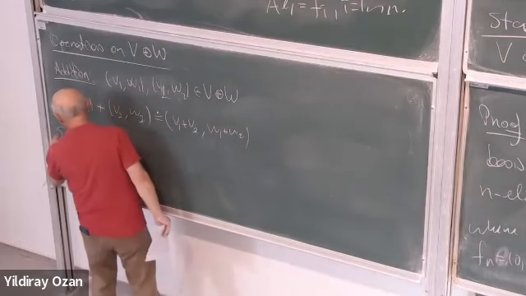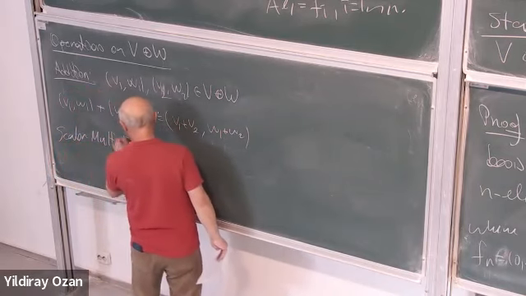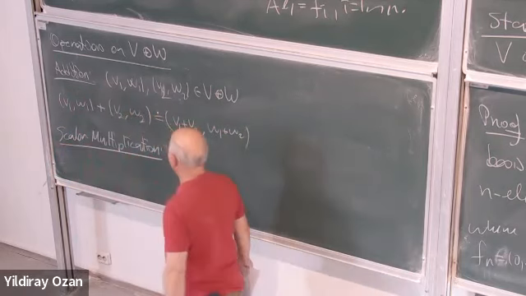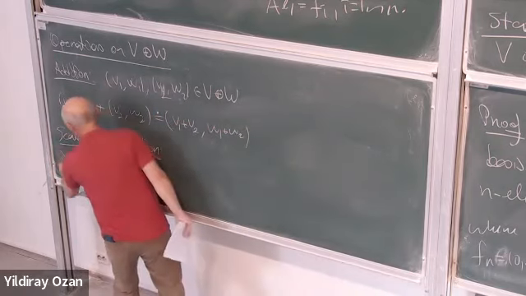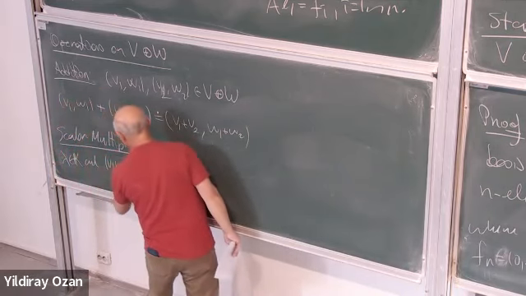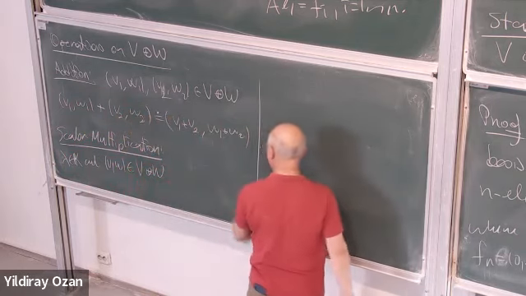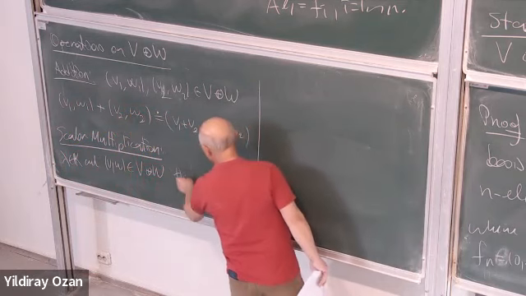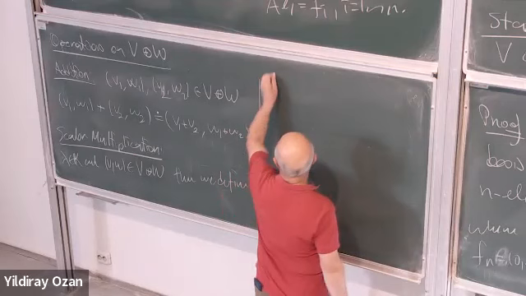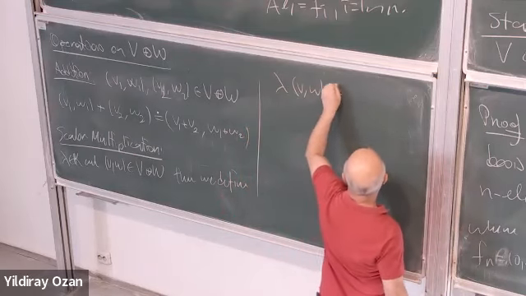What about scalar multiplication? If lambda is a number in K and (v, w) is in V direct sum W, then we define lambda times (v, w) as well.